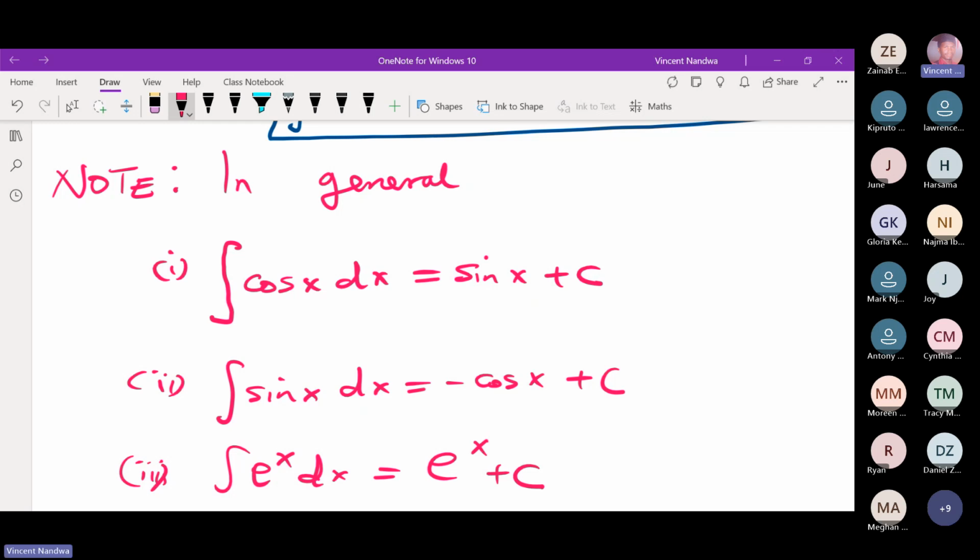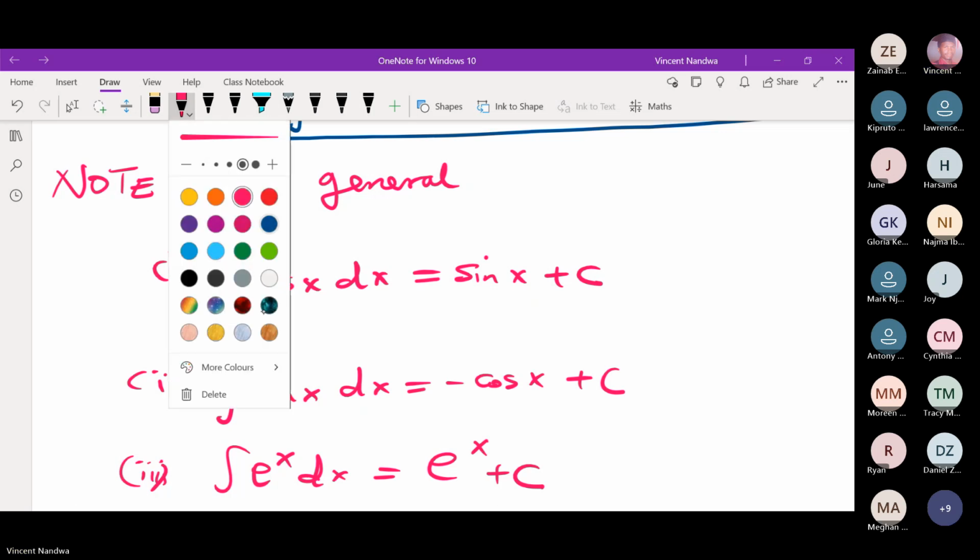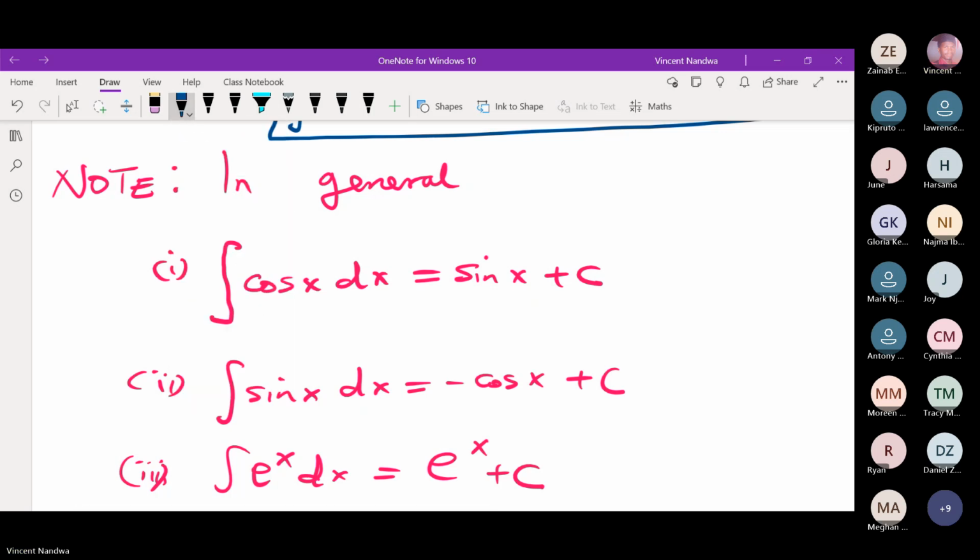Just to make things clearer before we start a deep discussion on integrals, note that when you are integrating a cosine function, you get a positive sine function, which is different from the process of differentiation. When you differentiate a cos function, you get a negative sine.